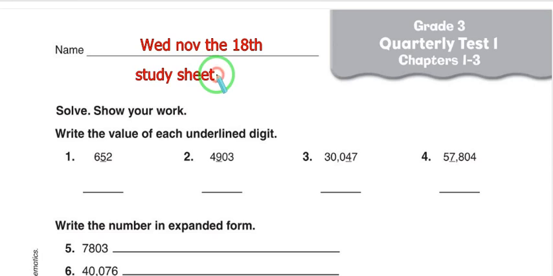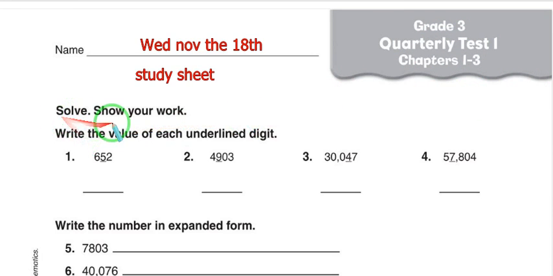I just want to tell you that by finishing chapter 3, we had finished the quarter of our curriculum, so that's why we will pass a test called the quarterly test. This test is almost a revision for chapters 1, 2 and 3.